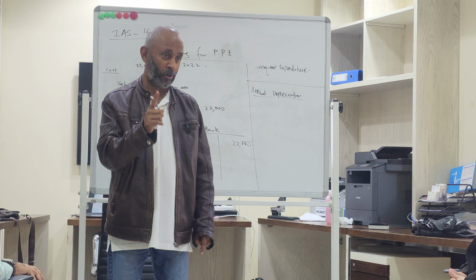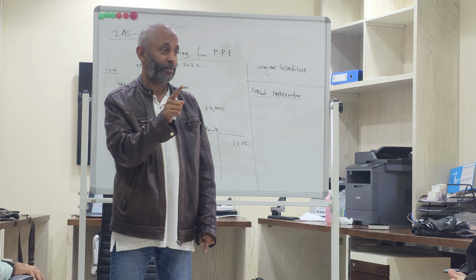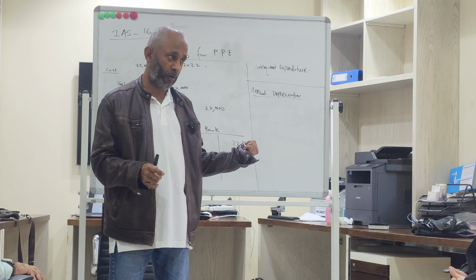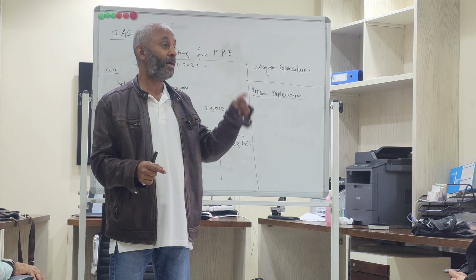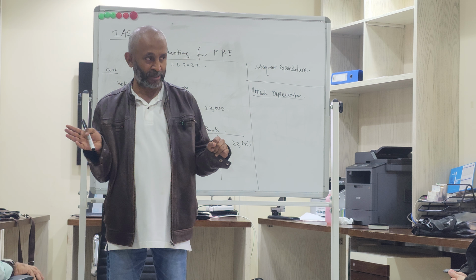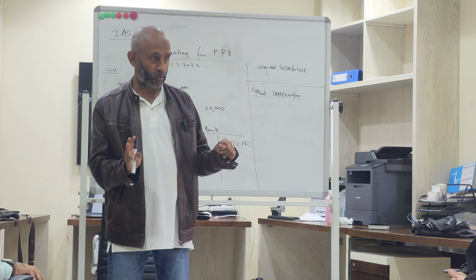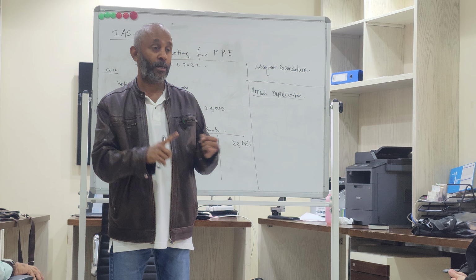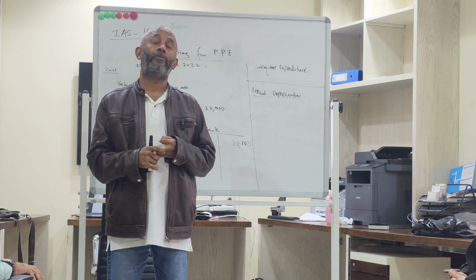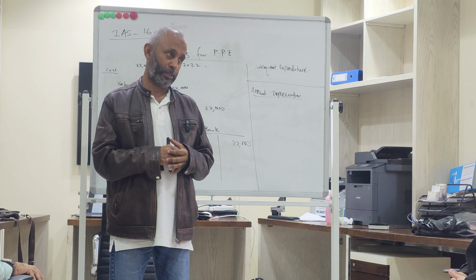You have to follow a consistent policy. The method that you follow, we name it as accounting policy. We will discuss in a different session. IAS 8 talks about accounting policies, fundamental errors, and changes in accounting policies.